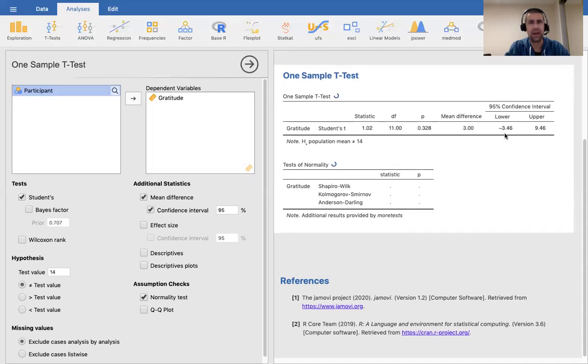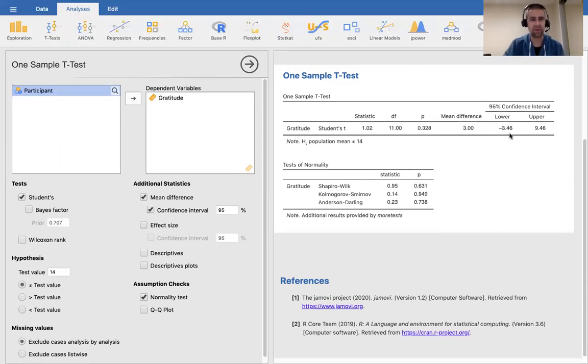So here we had negative 3.47. JAMOVI with slightly different rounding rules gets negative 3.46. Again, inconsequential in the ultimate conclusion of what that tells us. It's just off 1/100th. That's only because of slightly different rounding. And I'm just going to live with those differences there.